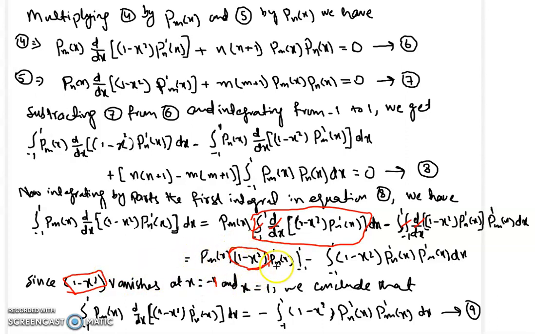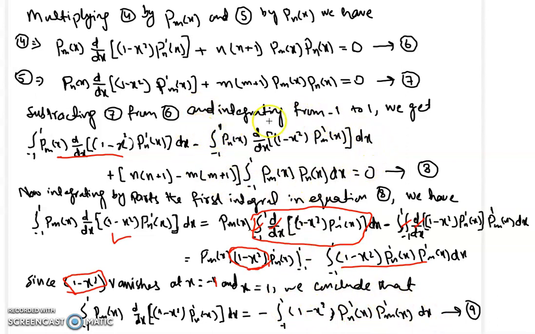So we get 0 from this expression, and we conclude that this integral is equal to minus the integral of this term. So in equation 8, as we have considered this term, its integral is equal to minus the integral from -1 to 1 of (1 minus x squared) Pm dash dx.